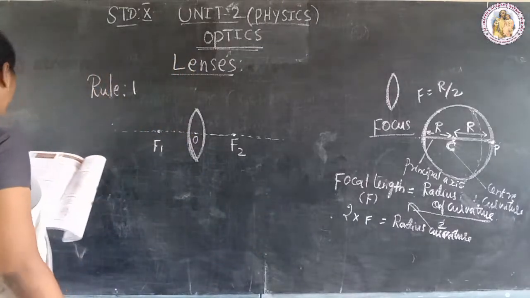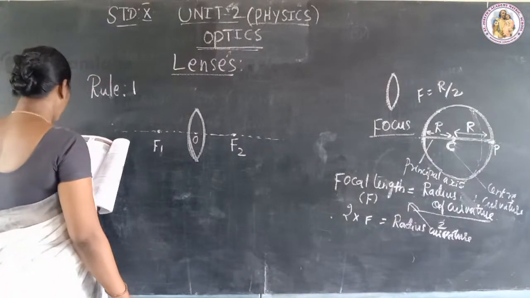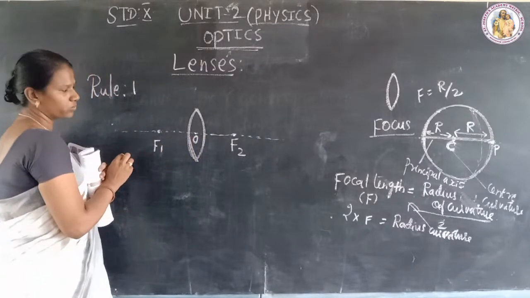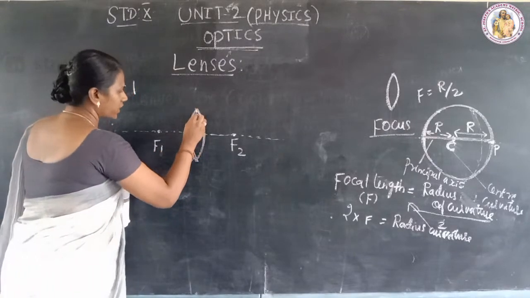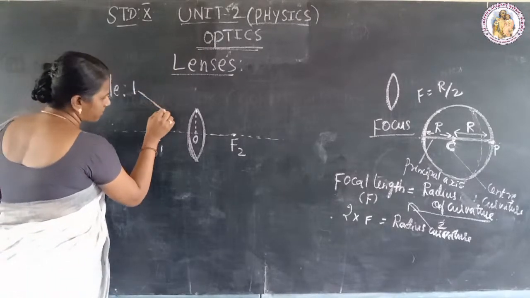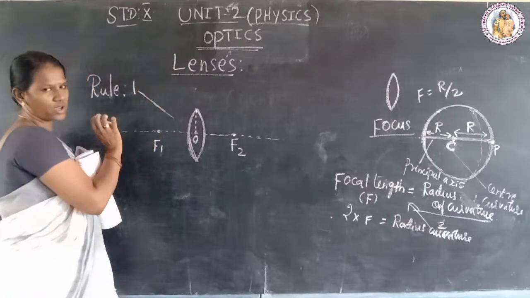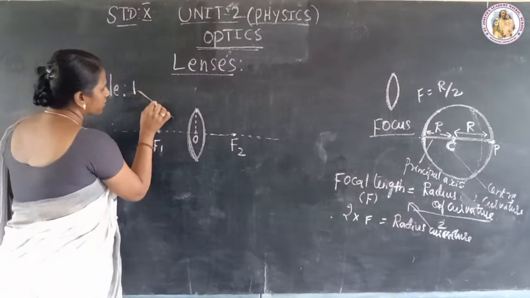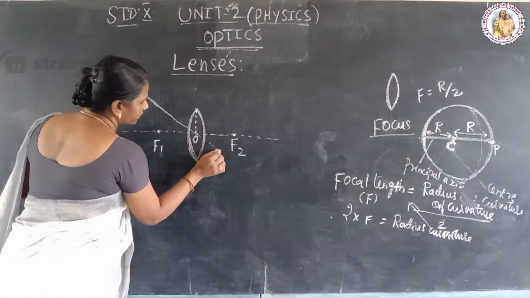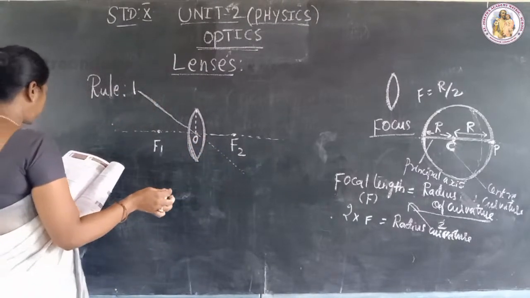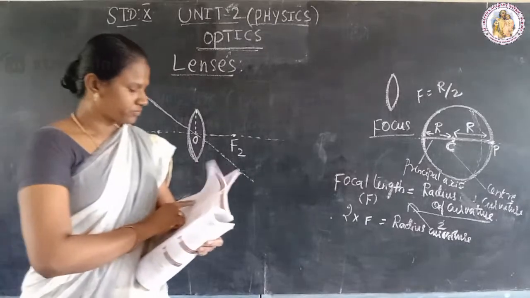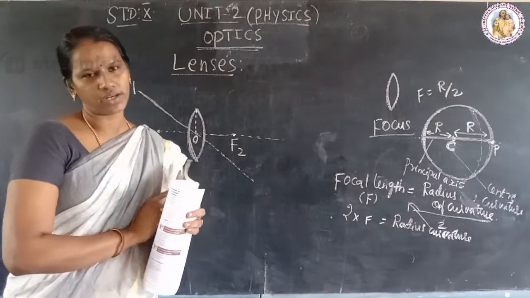This is the optical center of the lens, O. If one ray of light passes through O, the optical center, how will it behave? It continues to follow its path without any deviation.